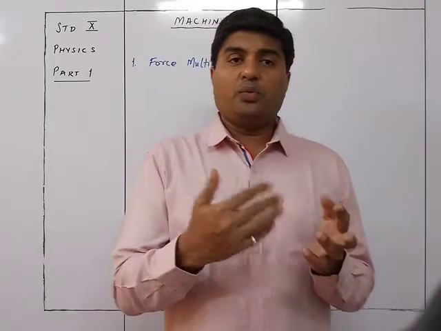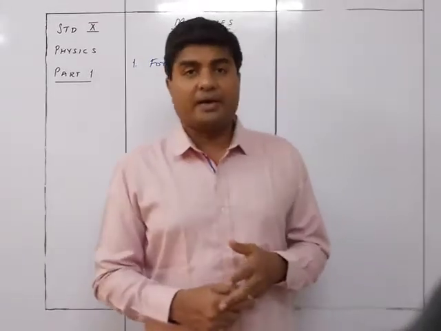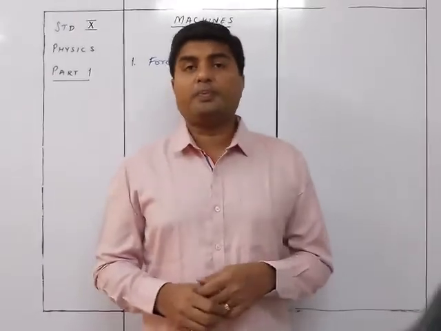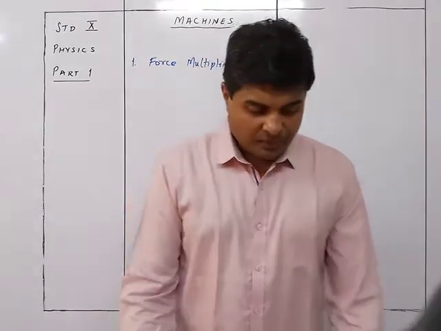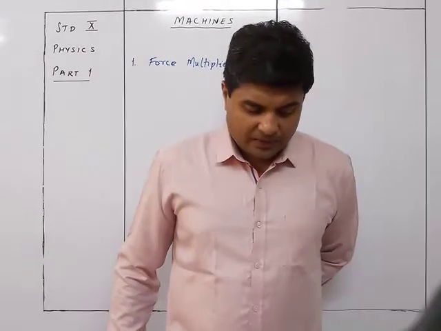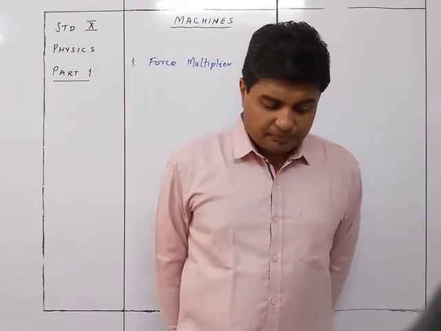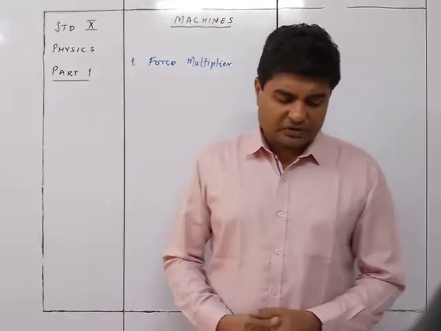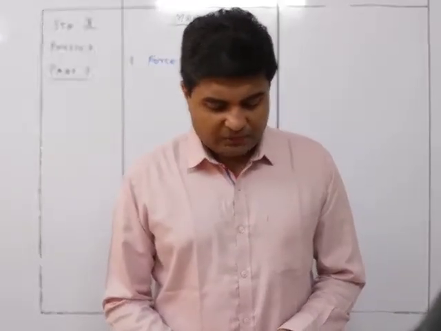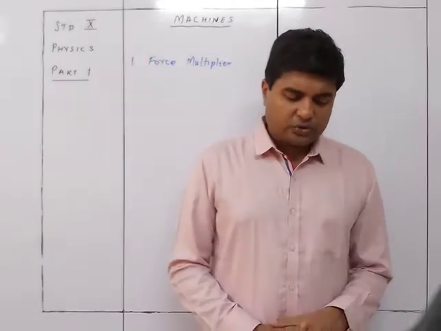So that is how we see that a force multiplier reduces the amount of effort which needs to be put in to do the work. Let's see the examples over here. A jack is used to lift a car, a bar is used to lift a stone, a spade is used to turn the soil, pulleys are used to lift a heavy load, a wheelbarrow is used to carry a load.